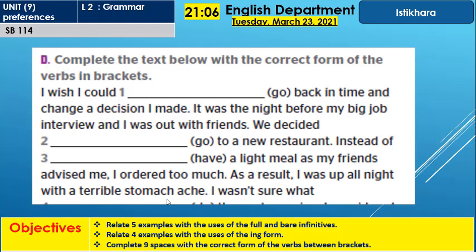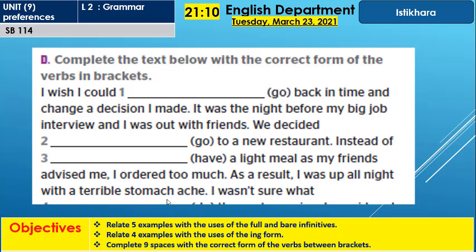Left only one task on page 114, in which you are asked to complete the text with the correct form of the verbs in brackets. Pause the video and try to do it yourself. You ready? Let's do it. I wish I could. Could is a modal.